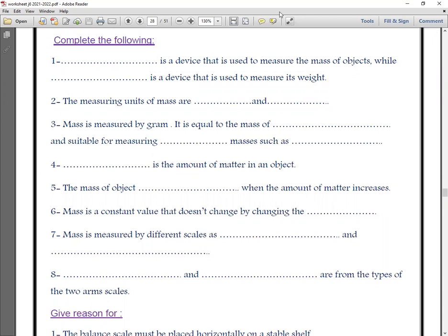So I can write balance scale, or sensitive scale, or scale with a pointer, or digital scale. So number 1, balance scale. Balance scale is a device that is used to measure the mass.